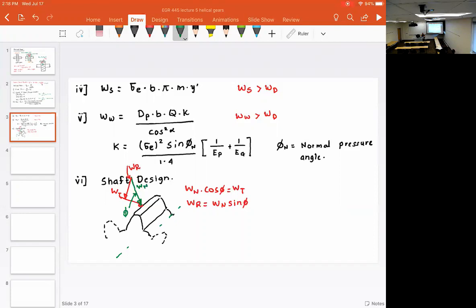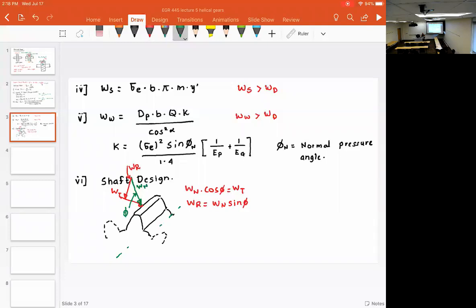On the other hand, Wr is going to cause the shaft to bend in the vertical plane. That's why you have to find out the bending moment in the horizontal plane, the bending moment in the vertical plane, find out the total resulting bending moment, and then use the equation to find out the total torque and then do the shaft design. Remember the process?